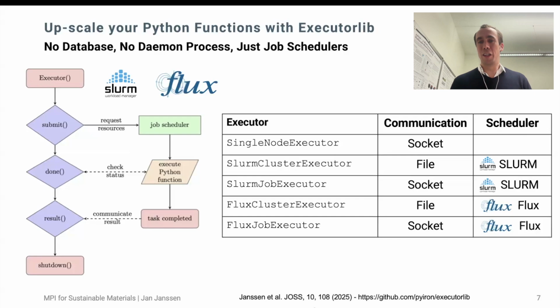And finally, we have the interface to Flux, which allows us to do the very same on the exascale in a hierarchical manner to really schedule thousands of compute nodes in one framework. And really, the advantage here is that as a user, now the compute cluster really feels like one big computer. Right? So there's no difference of running a ProcessPoolExecutor on my single computer with a limited number of processes, or on one of these exascale machines with thousands of processes.